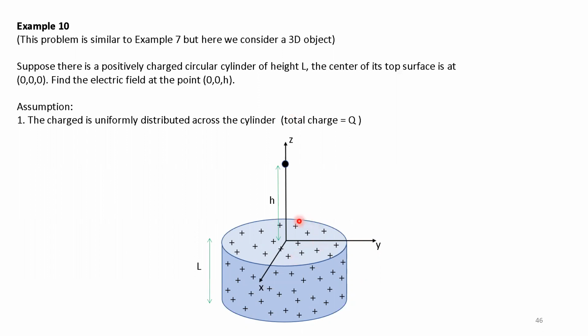Now instead of a plate with no thickness, I have this cylinder with an actual thickness of L. I want to ask the same question: if I'm at a distance h above this charged object, what is the electric field that I will find?